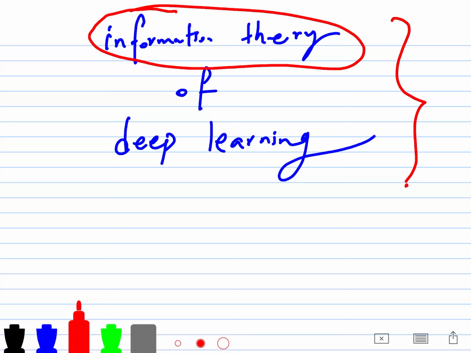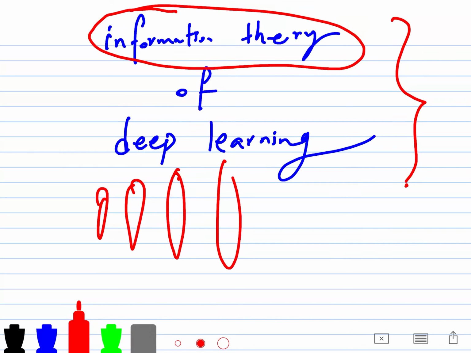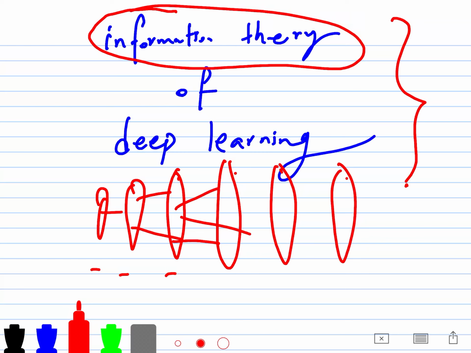Because if you don't understand the information theory of your deep learning, and so these layers, each one, they pass information to the next layer, and we need to change this a little bit. Otherwise, we cannot improve transfer learning and meta learning and many new ideas in order to make deep learning more scalable.